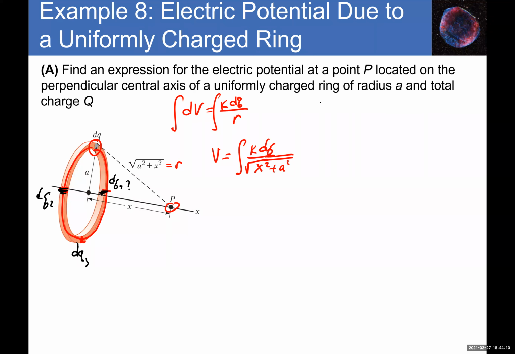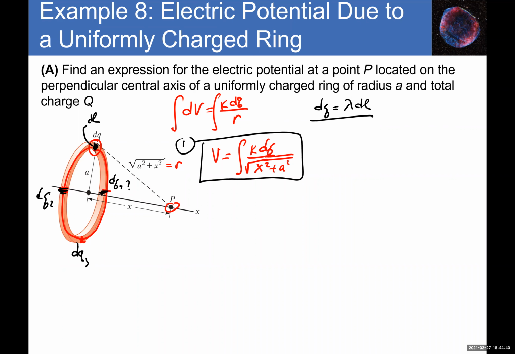Remember, dq equals lambda dl, where dl is a small arc length element. One thing I can do is replace dq with lambda dl, but I can also leave dq there, which is version 1. I can use this equation because any of those elements, dq1, dq2, dq3, dq4, have exactly the same distance r.